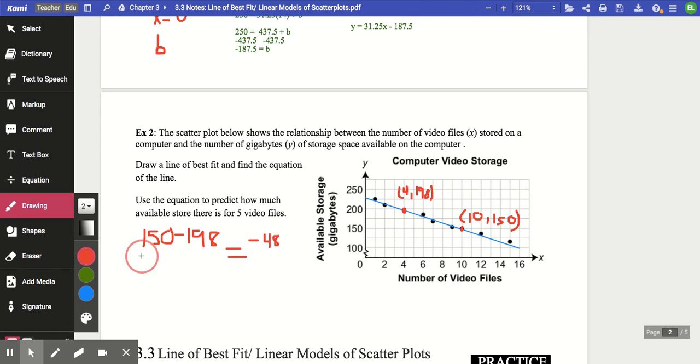And the change in the number of video files would be 10 minus 4. So this was an increase of 6 video files. So adding an additional 6 video files decreased the available storage by 48 gigabytes. That means our unit rate should be about 8 gigabytes per video file.